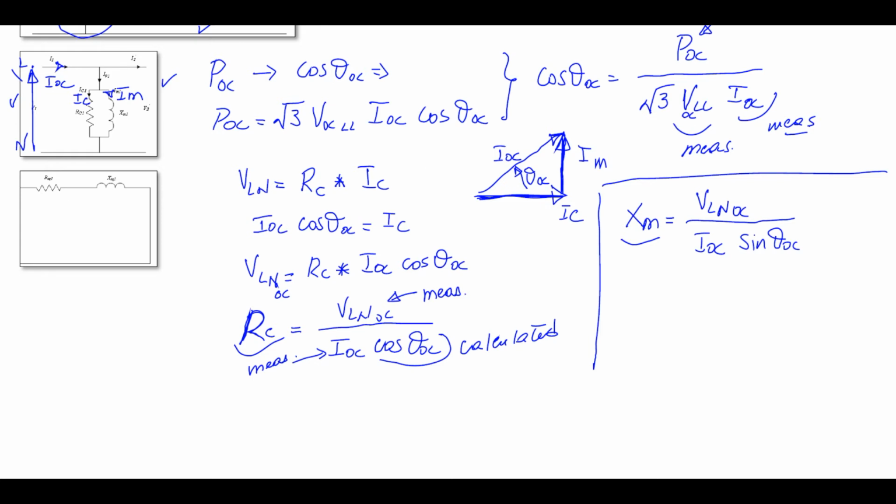Now, from this short circuit test, this multimeter will show us, I'm going to write on this side, the power at the short circuit. This is the active power, and we're going to measure also I short circuit.